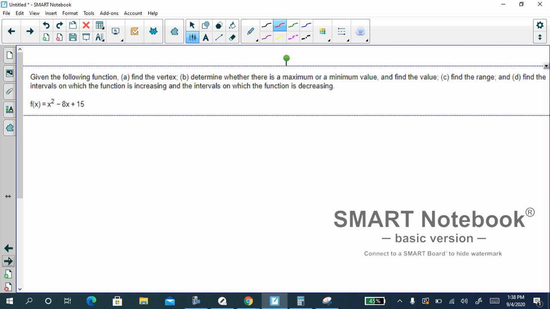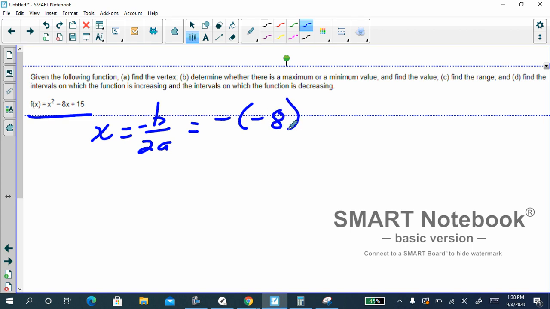All right, so they give us a graph and they ask us several questions. So first of all, they say find the vertex. So this is not in the format that we can read the vertical shifts and the horizontal shifts. So we need to use the formula: negative b, and b is also negative, over 2 times a.